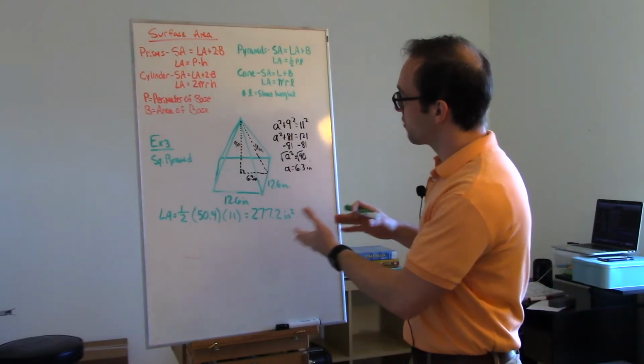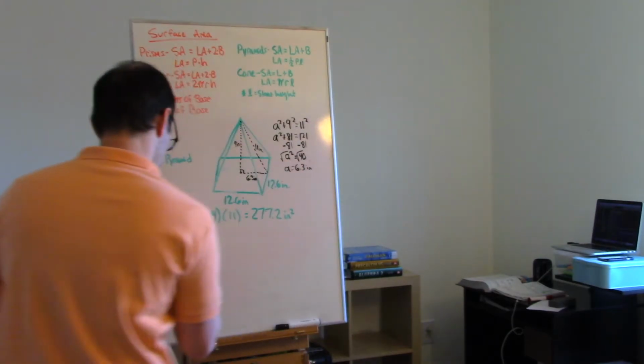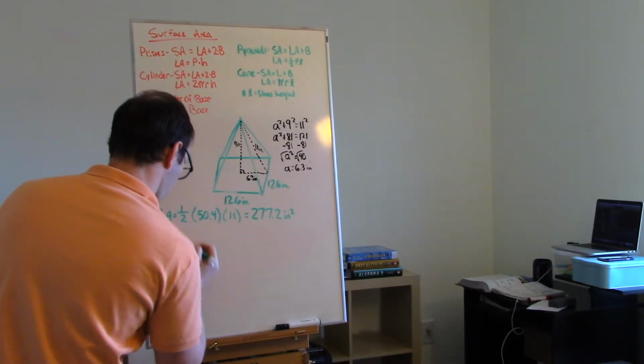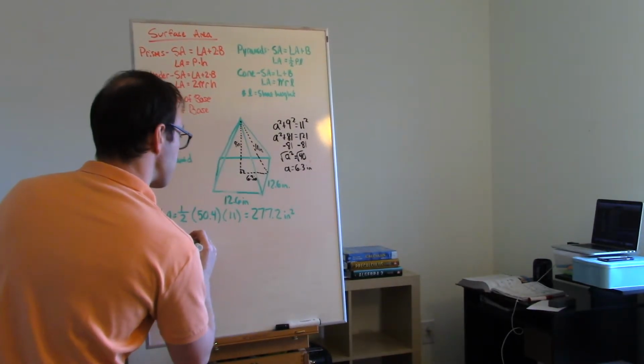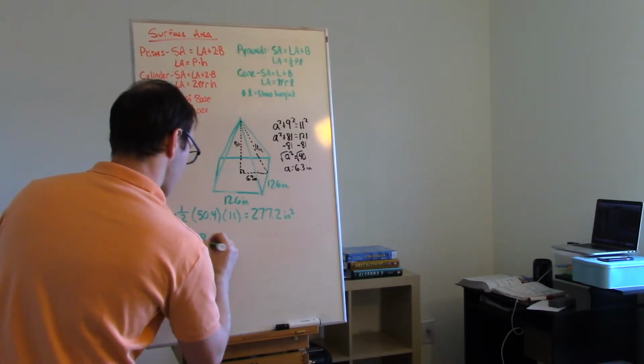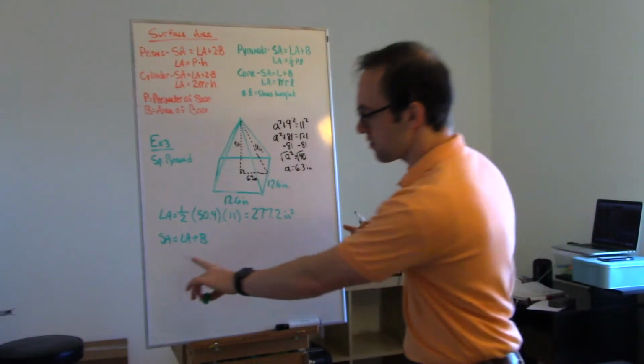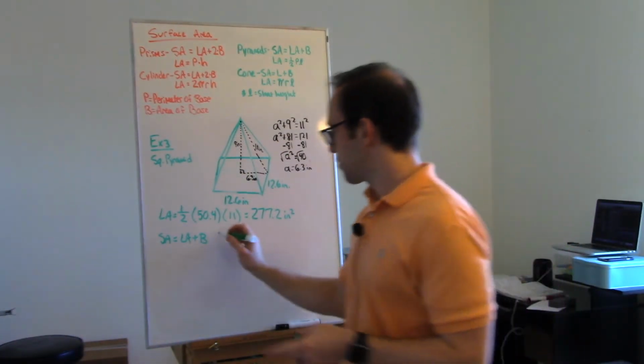Now we're going to utilize that information and find the surface area. There again, same thing at the top. Surface area is the lateral area plus the area of your base.